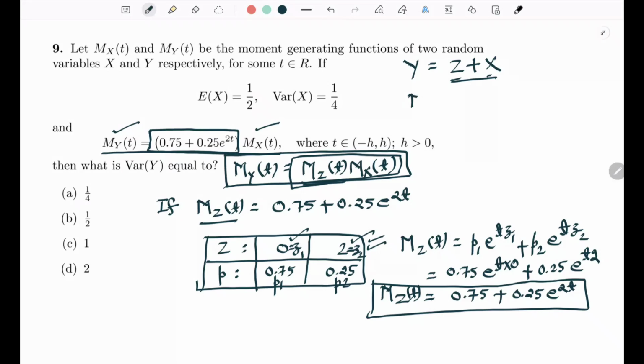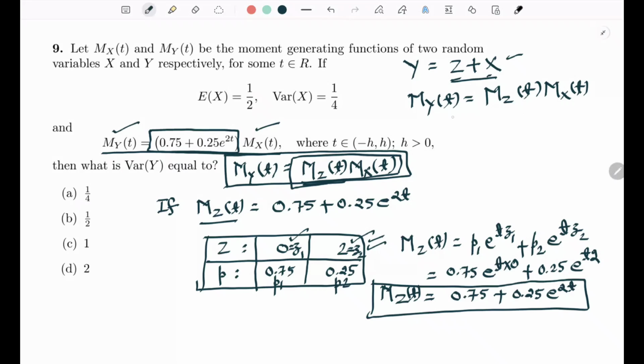So the MGF of Y will be the product of these two MGFs. X and Z are independent random variables here.